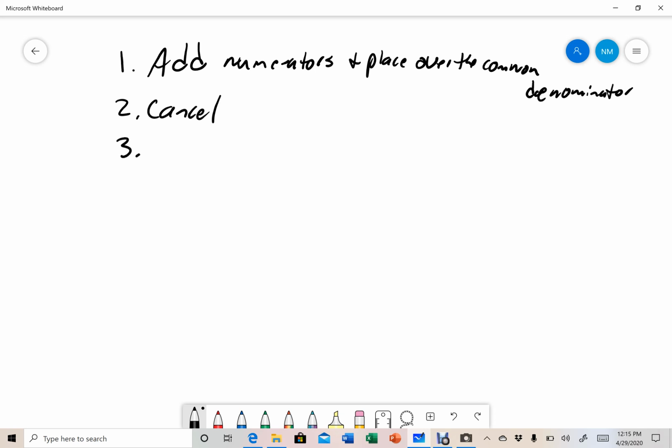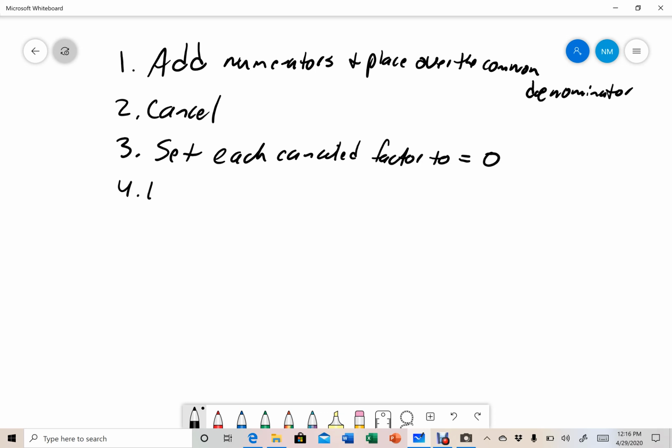And then number three, we're going to set each canceled term, or I shouldn't say term, I should say factor, each canceled factor to equal 0, just as we have been doing.